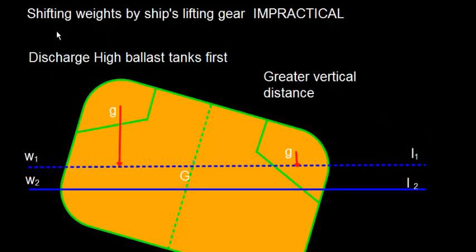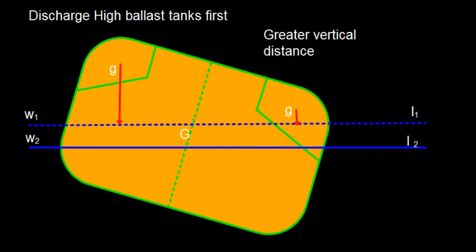So one of the methods can be shifting the weight, but that is not a very practical method. So we have the option to play with the ballast. Which tank should we discharge first? Say here in this example, this is the port side and this is the starboard side. This tank is higher and this tank lower. So our objective is to bring the G down.